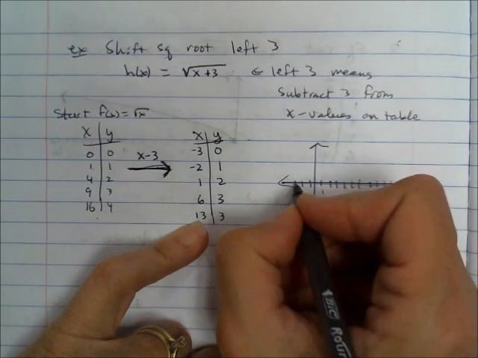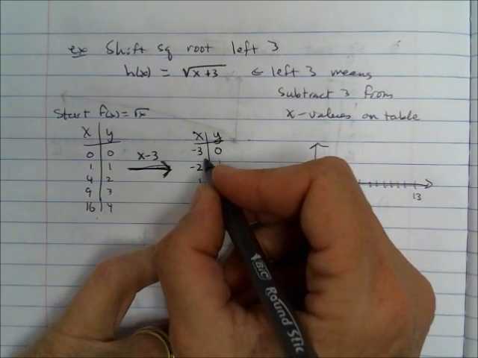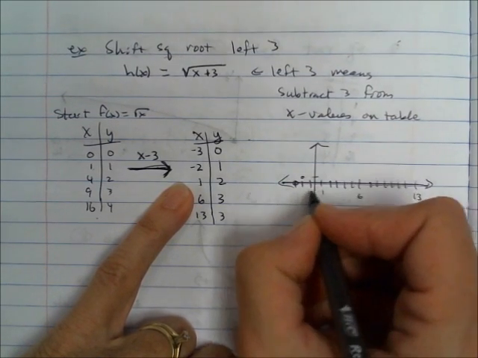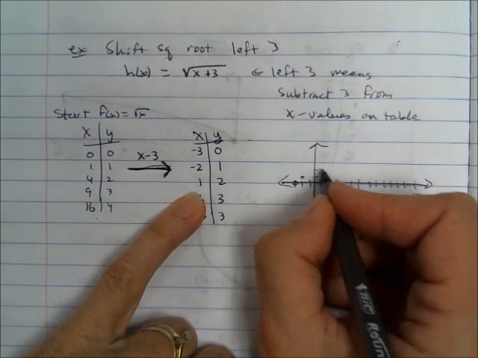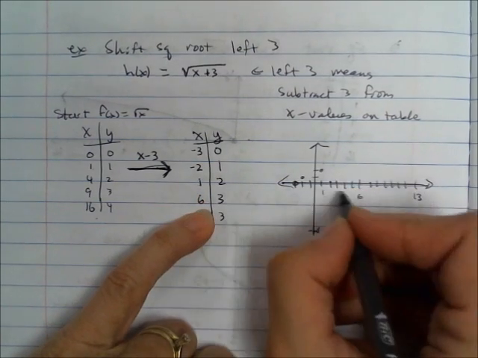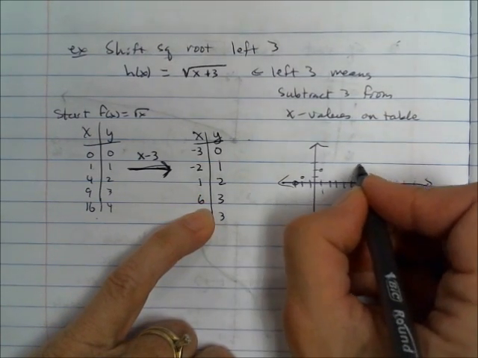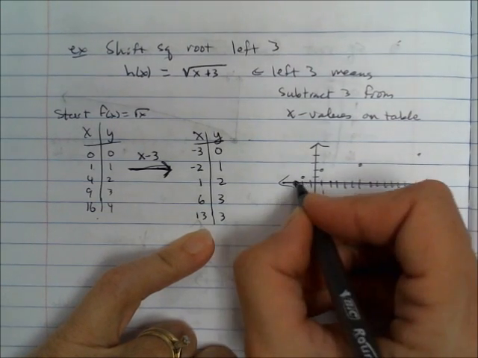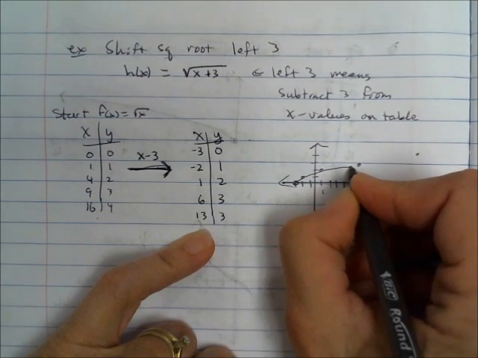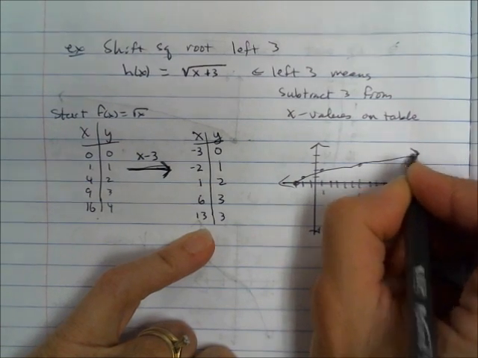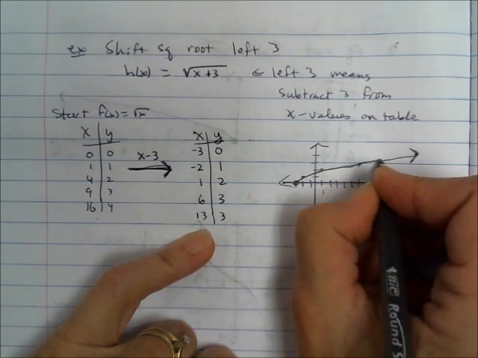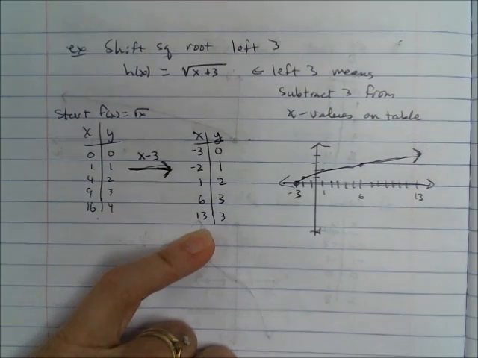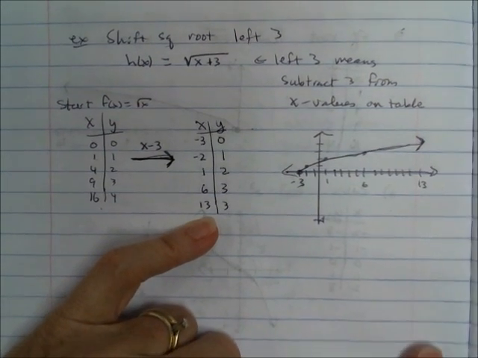And negative 3, 0 is our starting point. Here's that first value. Negative 2, 1 is our second point. 1, 2 is our next point. 6, 3 is our next point. And 13, 4 is our last point. So then when we graph, or when we sketch this, it's got the same shape as the parent function, but everything's been shifted to the left 3 because you're starting back here at negative 3. So there's a left shift.